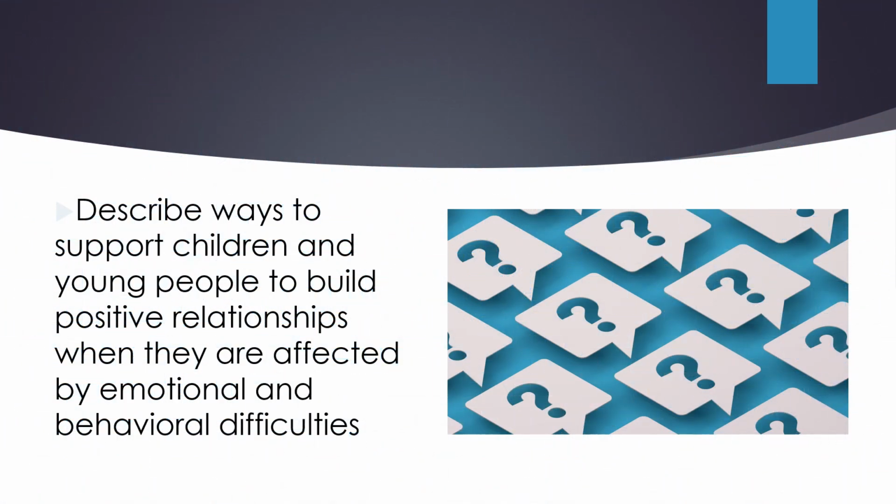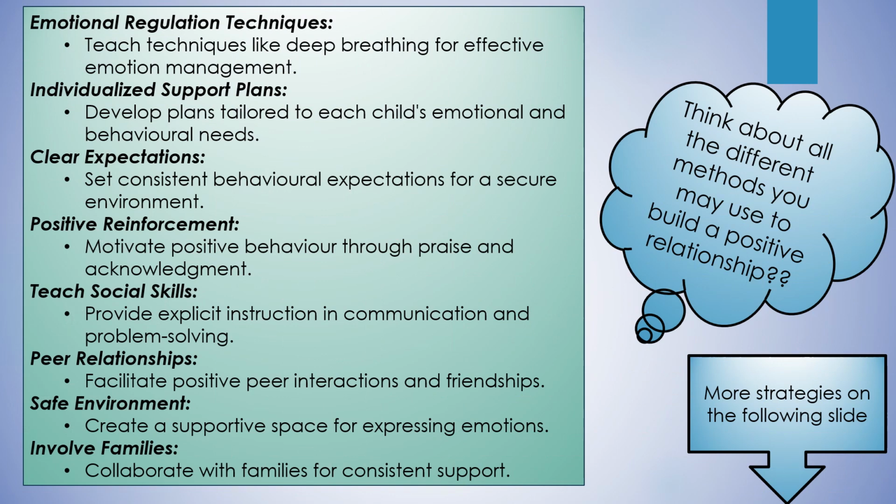Describe ways to support children and young people to build positive relationships when they are affected by emotional and behavioural difficulties. That's the next question. So we're going to be looking at emotional regulation techniques, teaching them how to deep breathe in, managing their emotions, take a deep breath, count to 3, go scream into a pillow, things like this.